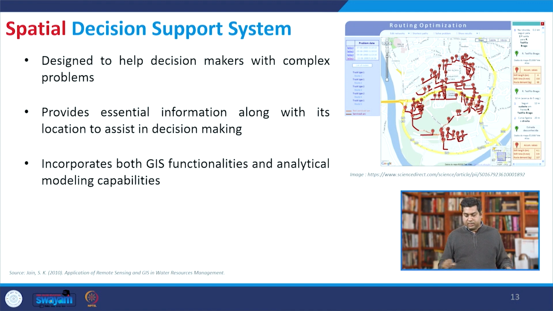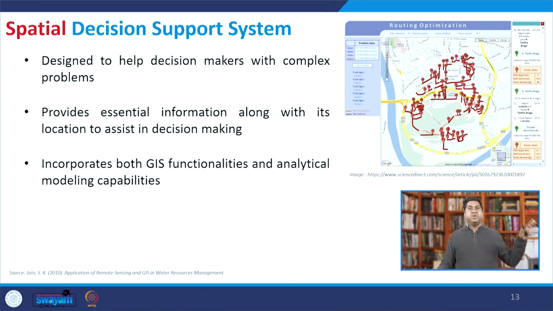Here is just a dashboard that I randomly picked up from a paper, where routing optimization can be done with this information, where real time data are fetched into the system, and accordingly we can take a call on what to do with that.